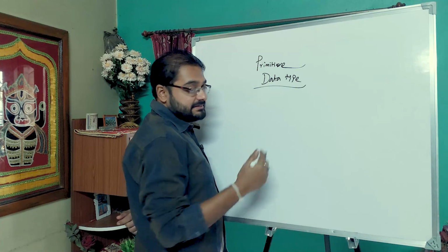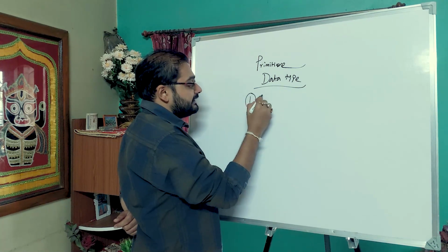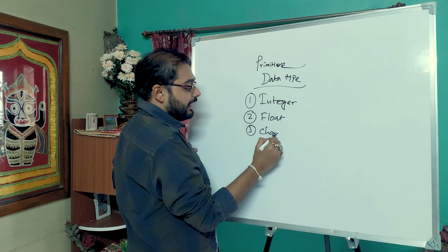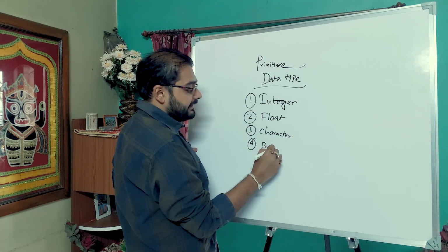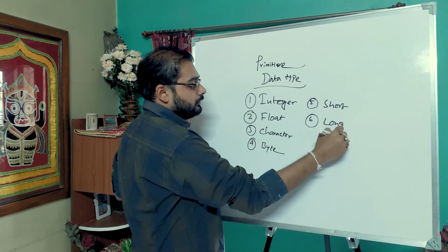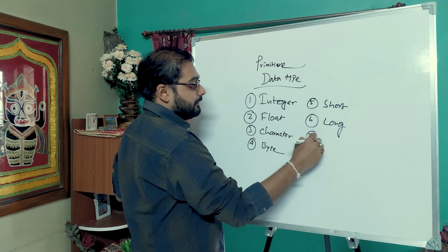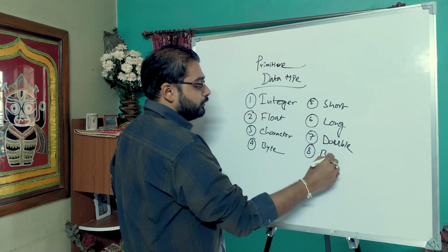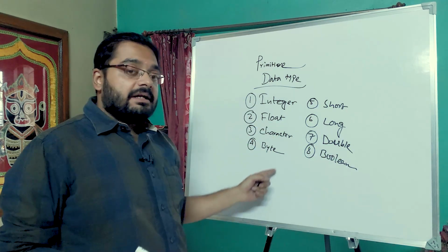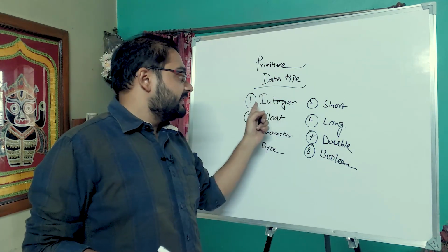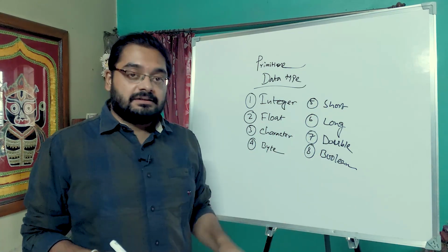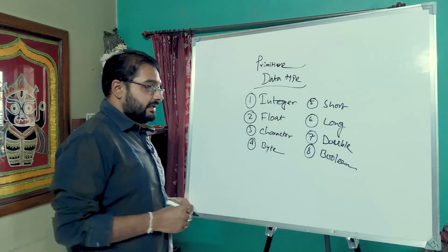Some examples are: number 1, integer; number 2, float; 3, character; 4, byte; 5, short; 6, long; 7, double; and number 8, boolean. These are the primitive data types. These are the 8 examples.